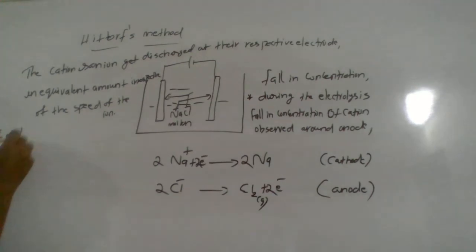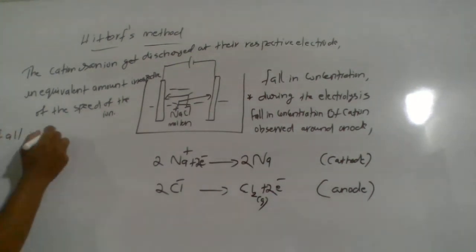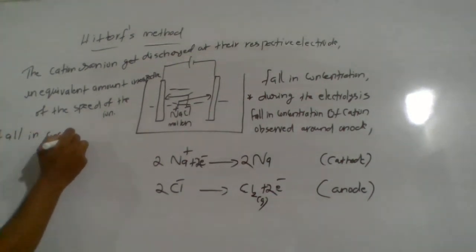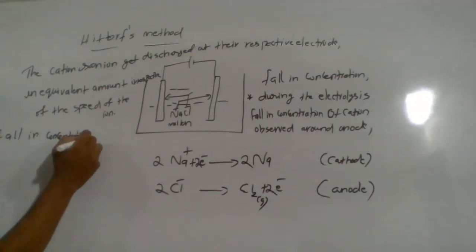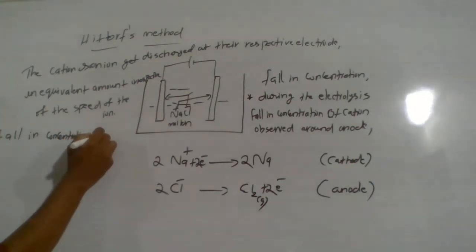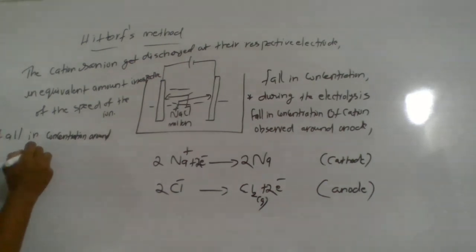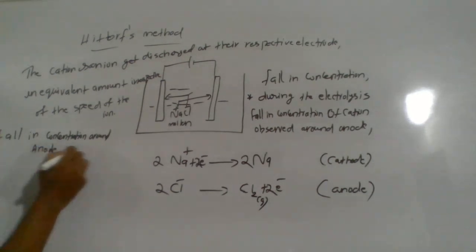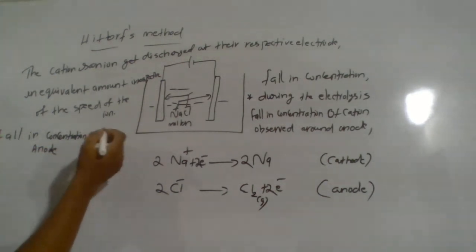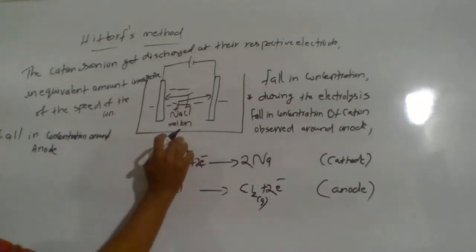The fall in concentration around the anode will always be proportional to the speed of the cation.